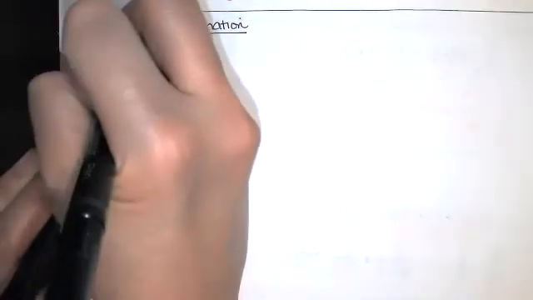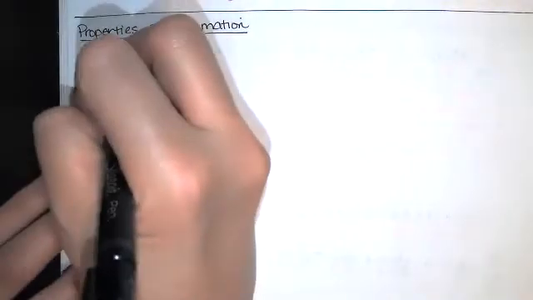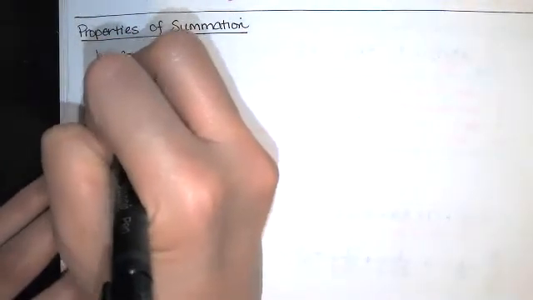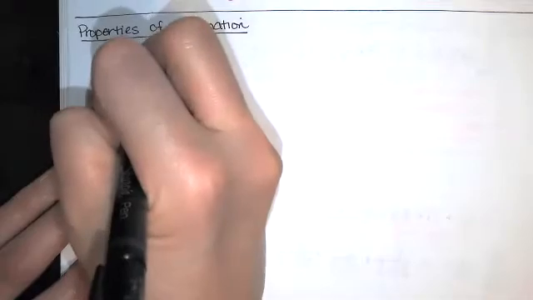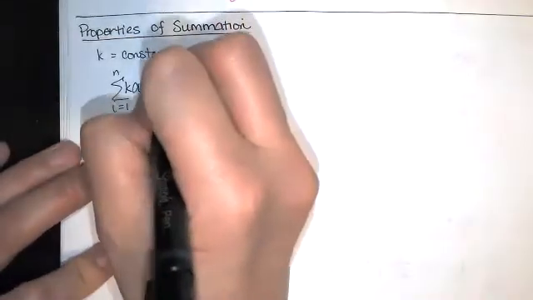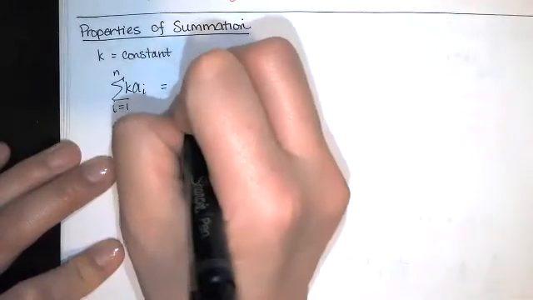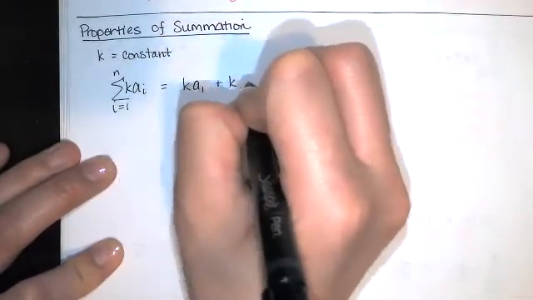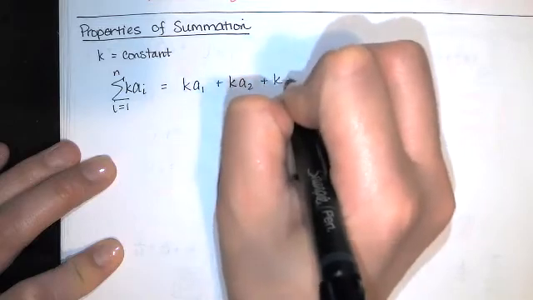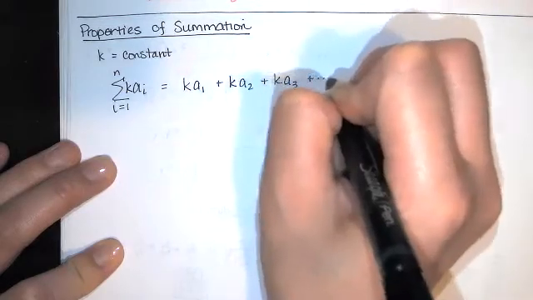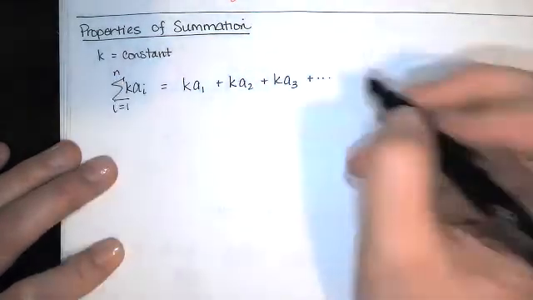So let's say k is just a constant. It's just a real number. Then if I take the sum as i goes from 1 to n of k times a sub i, I can rewrite it this way. That's k times a sub 1 plus k times a sub 2 plus k times a sub 3, and we would keep going until we get to n.